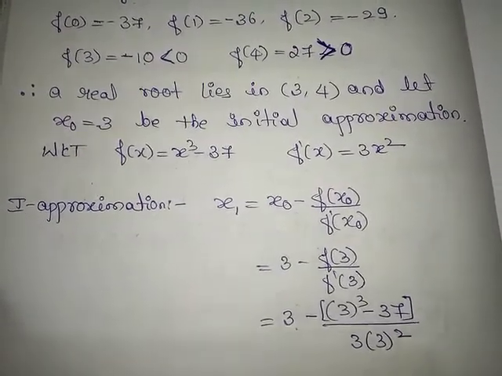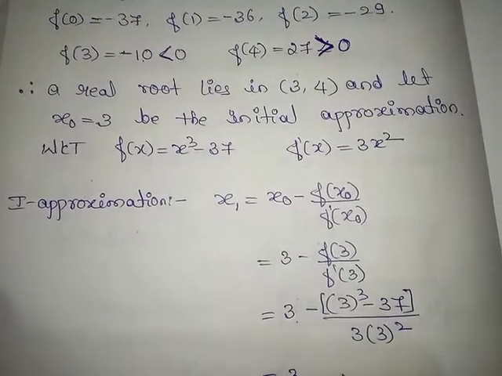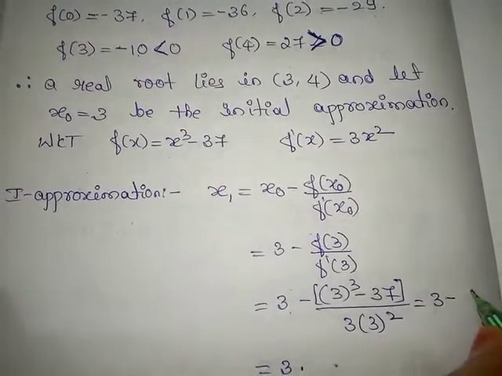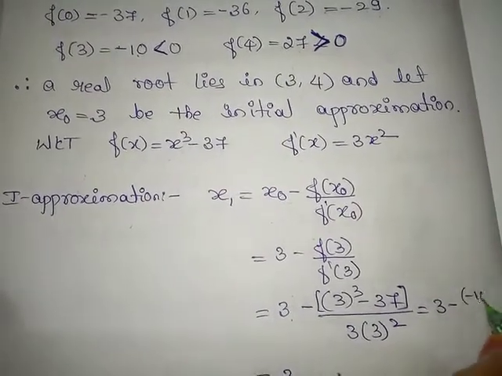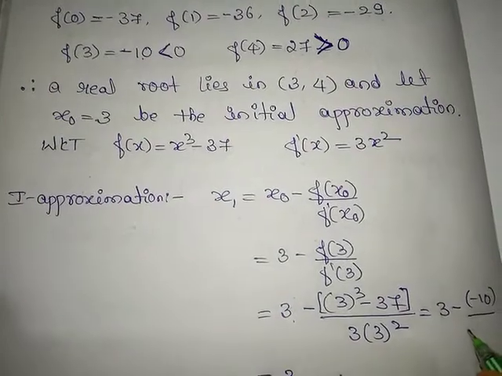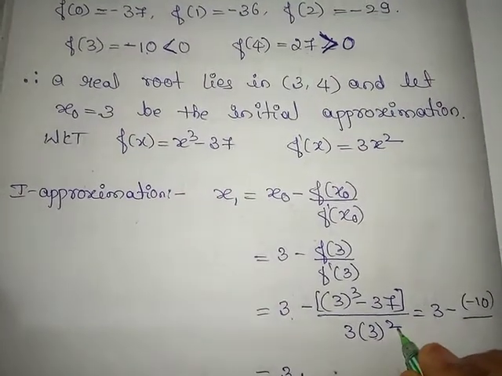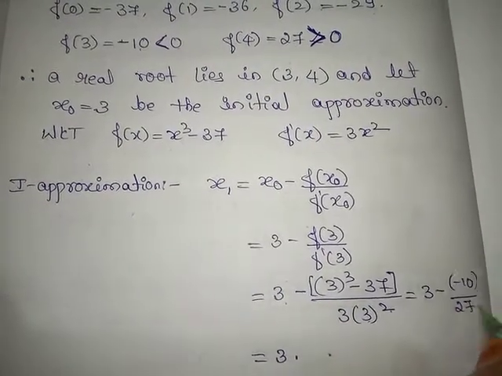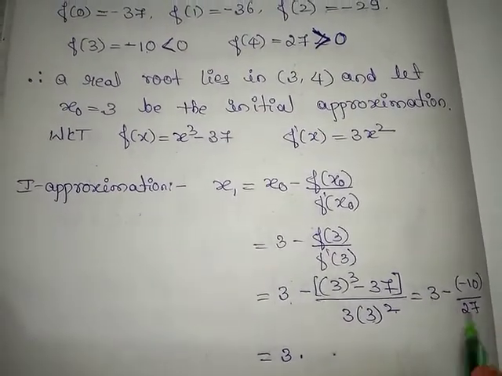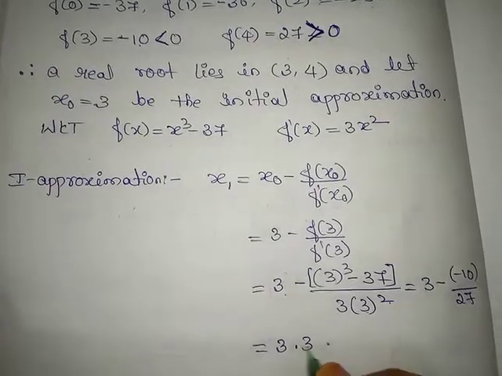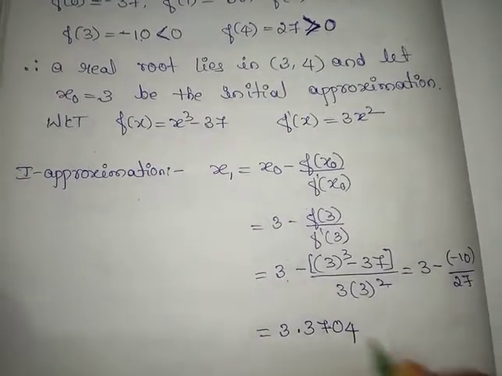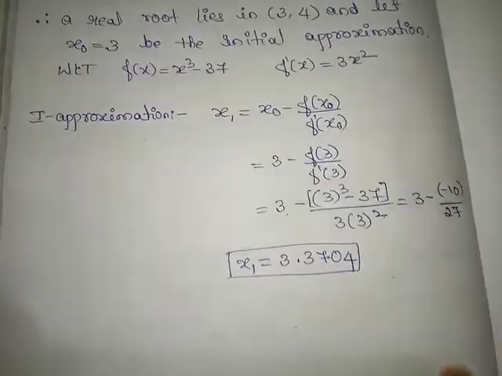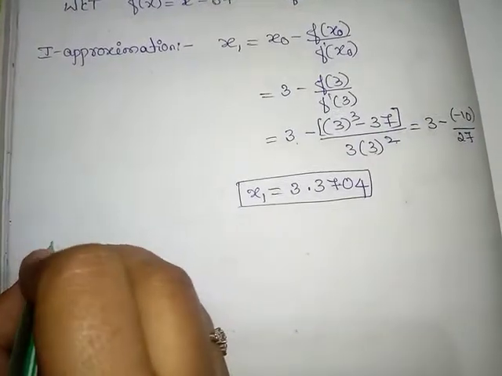On calculation, we get it as 3 minus of minus 10 divided by, 3 square is 9, 9 threes are 27. We get it as 3.3704. This is our x1. Next we will go for x2, the second approximation.